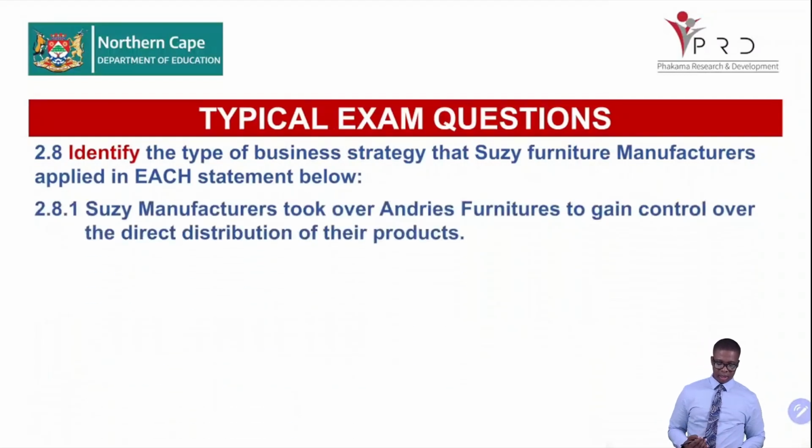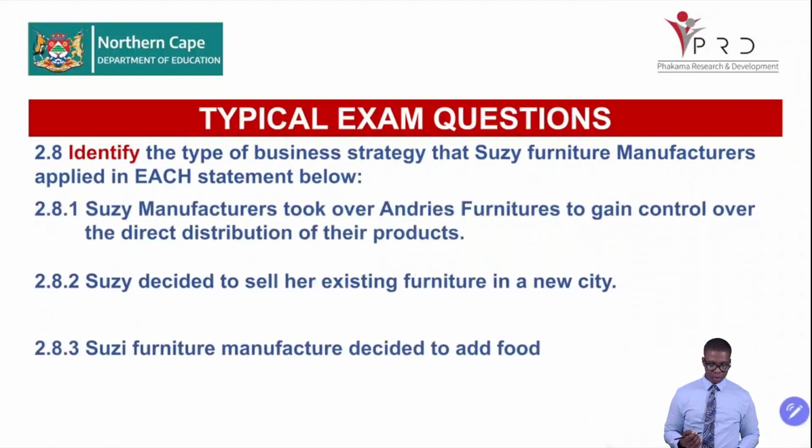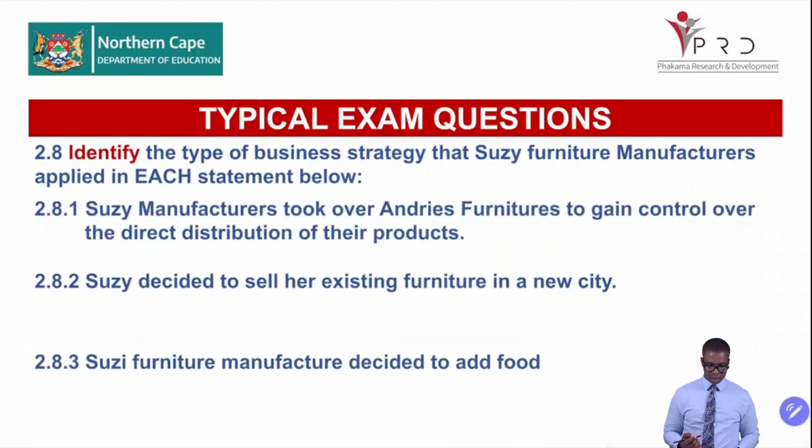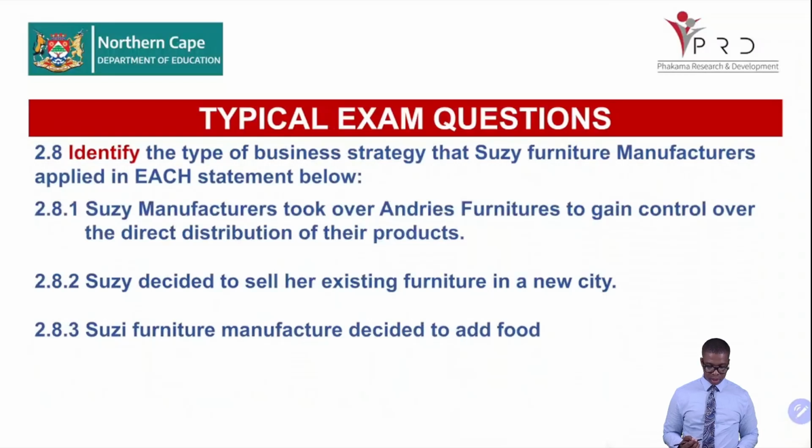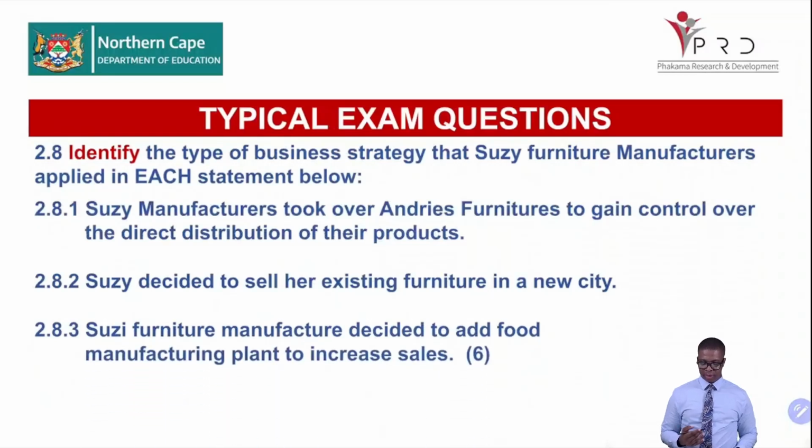You have the following, for 6 marks. Now let's go about answering these questions. 2.8. Identify the type of business strategy that Suzy Furniture Manufacturer applied in each statement below. Suzy Manufacturer took over Andries Furniture to gain control over the direct distribution of their products.